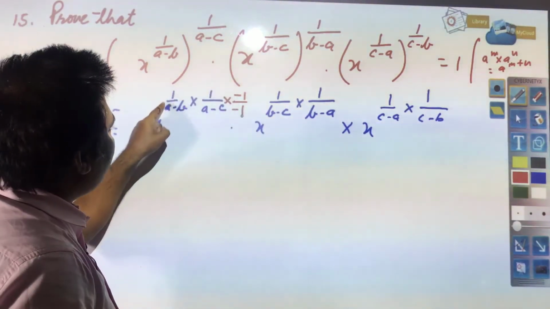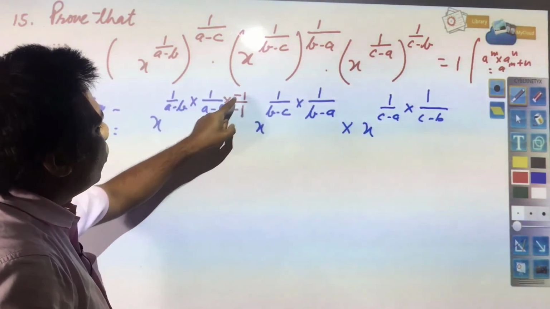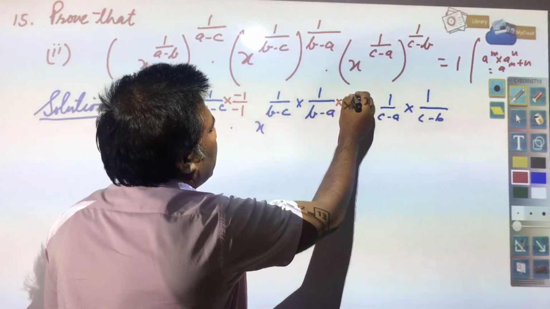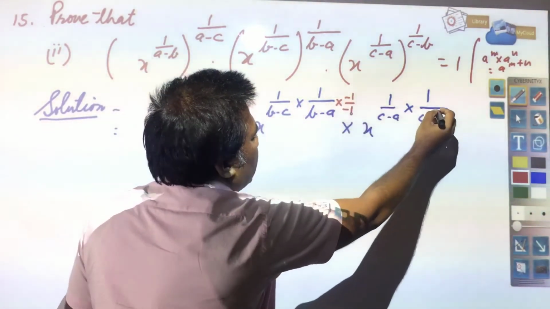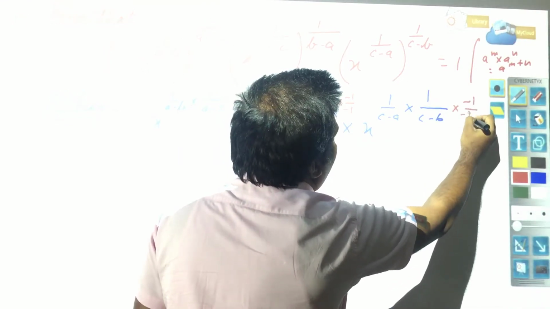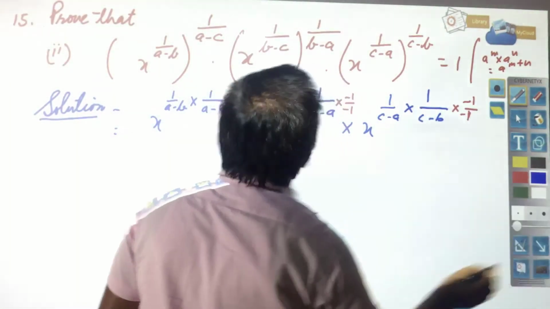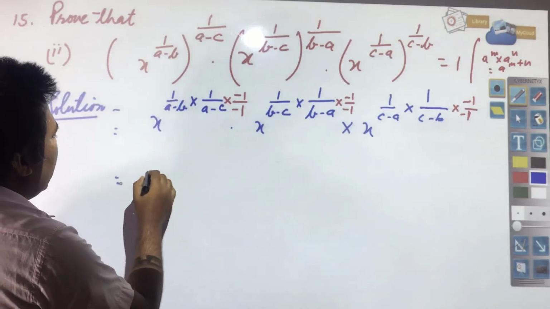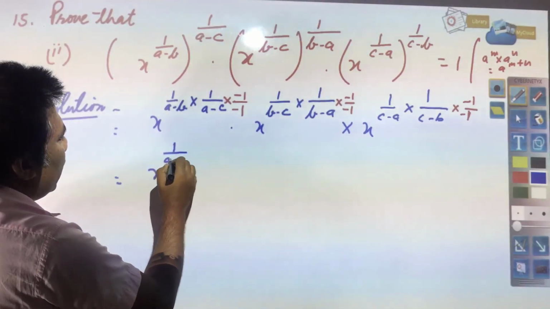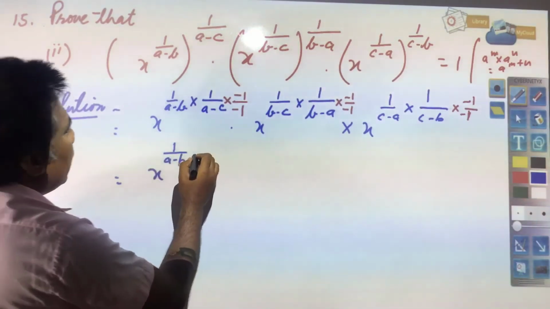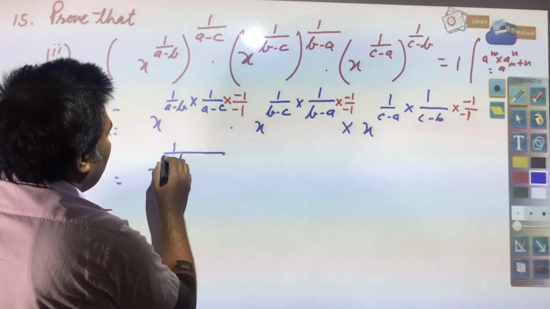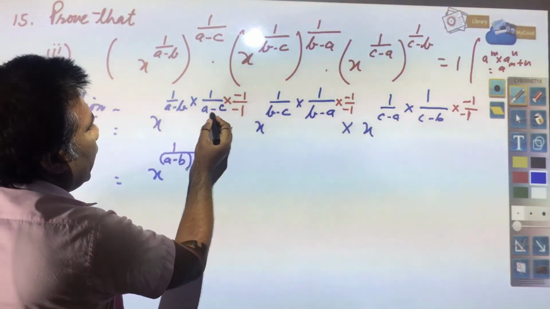So, if we are multiplying this whole term with minus 1 by minus 1, in the same way this also, and in the same way this also, then what we will get? You see, we will get x to the power 1 by a minus b into a minus c.